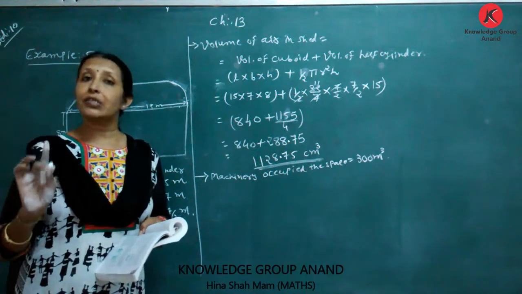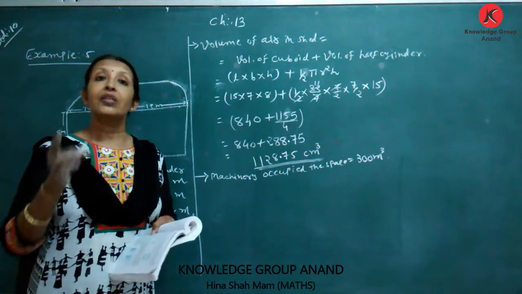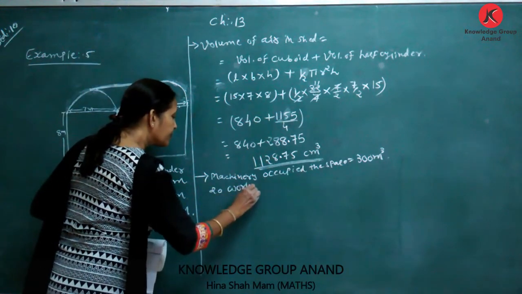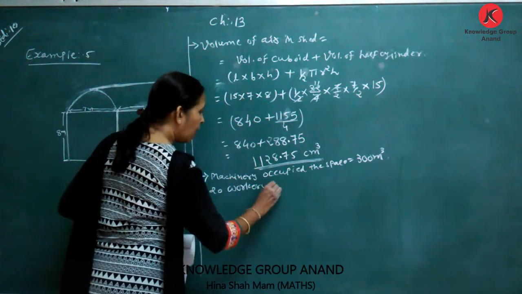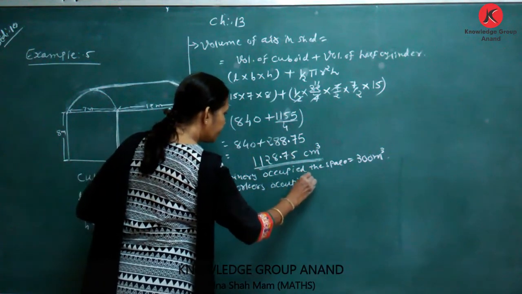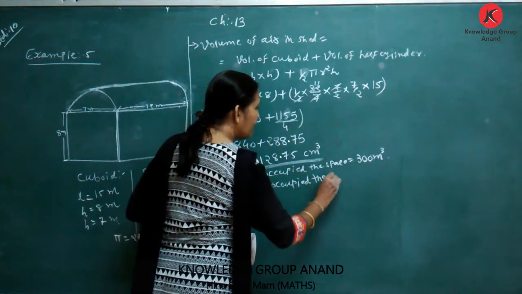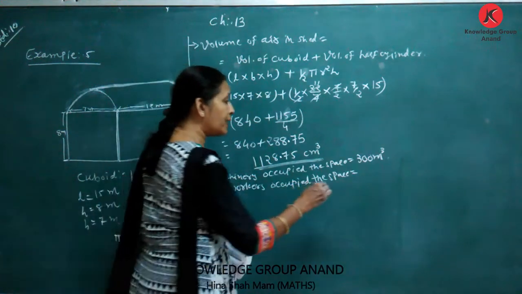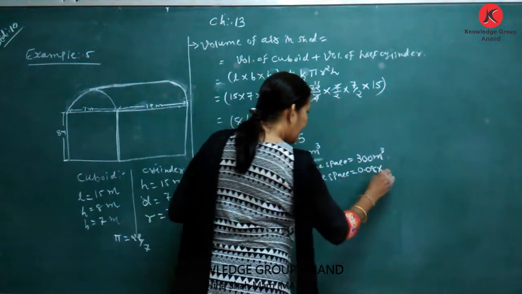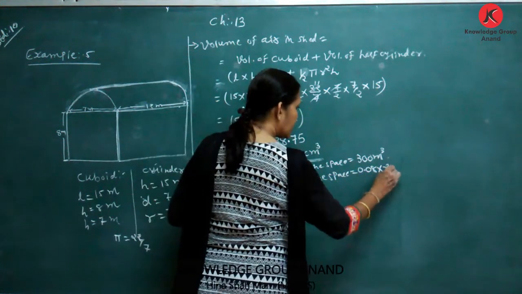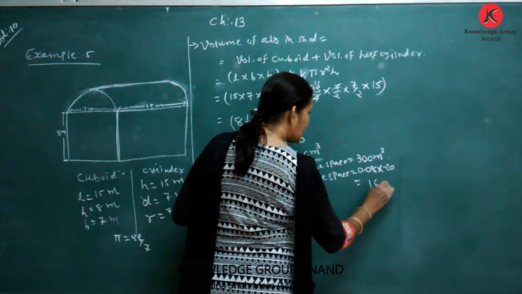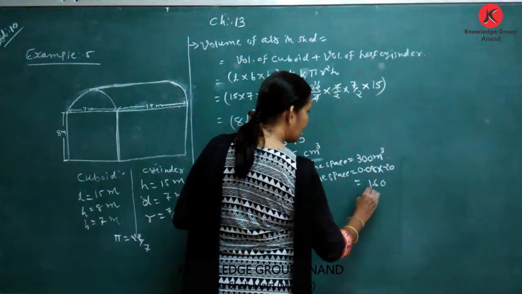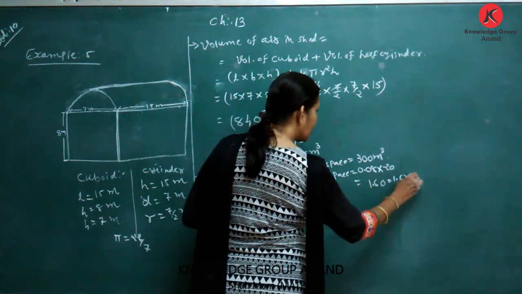One worker occupies 0.08 meter cube space, then 20 workers occupy the space equal to one worker's space 0.08 times 20 workers. 2 8s are 16, 160. Then we cut here, and it is equal to 1.6 meter cube.